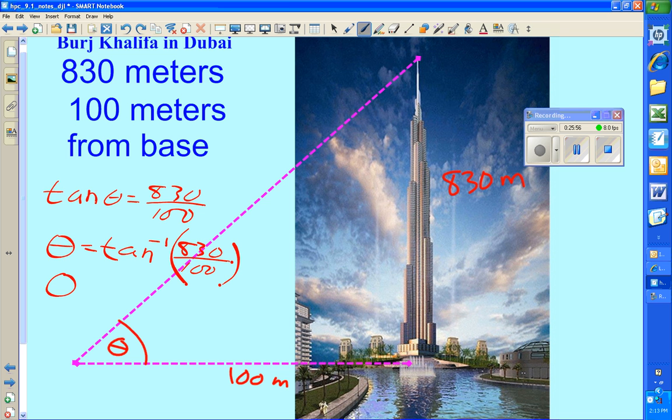And theta ends up being what angle? 83. Okay. Good.